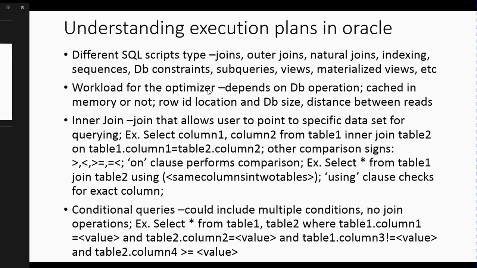If you have incredible statistics set up, then you have incredible response time for your queries. The optimizer's work will also depend on the database operation, whether it's cache memory or not, the rowid location, the database size, and all these different things, and also the distance of the read.